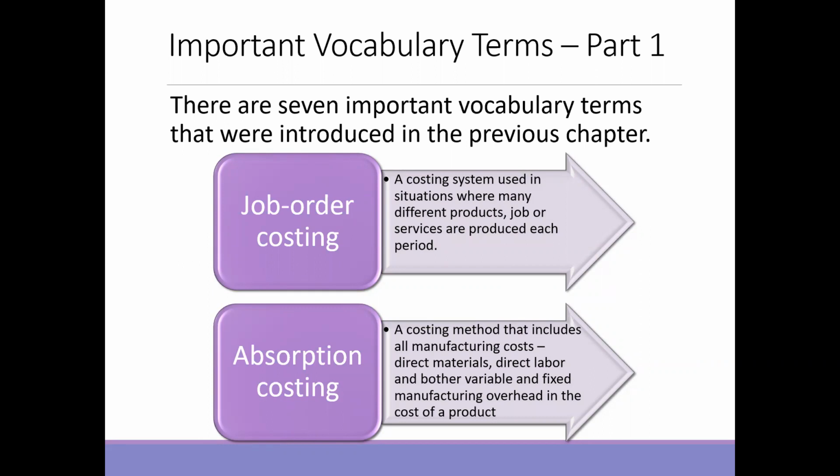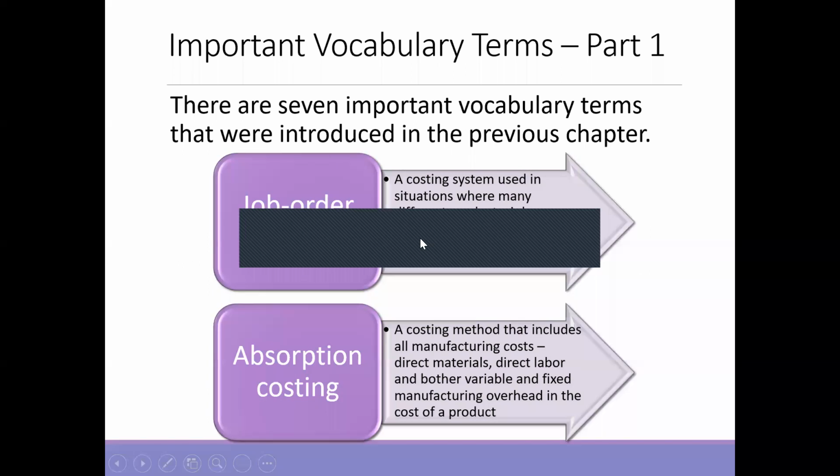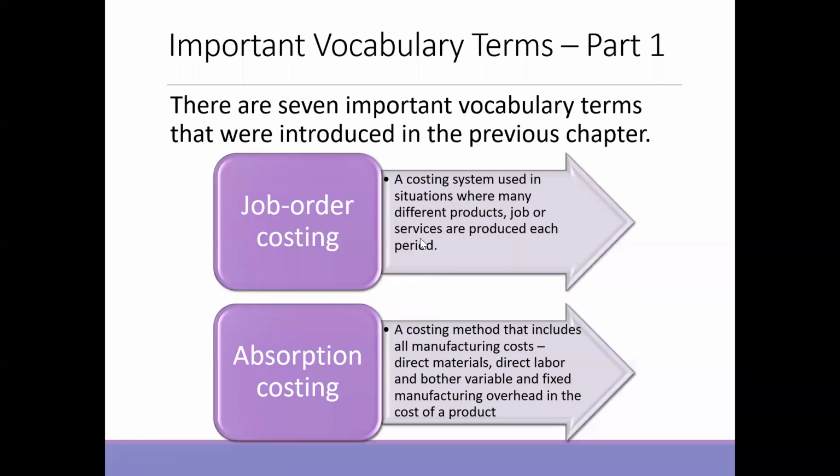Absorption costing is a costing method that includes all the manufacturing costs, direct materials, direct labor, and both variable and fixed manufacturing overhead in the cost of a product. So it just takes into account everything.